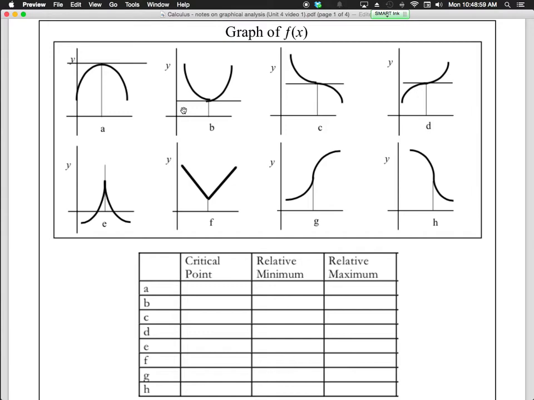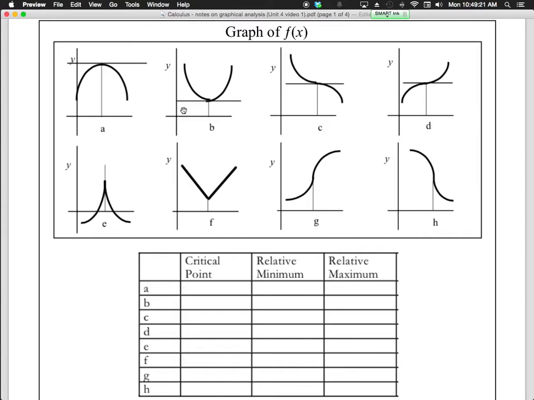What about C and D? Those are points of inflection, which we'll talk about more tomorrow. What about E? E is a relative max, F is a relative min, and then G and H are points of inflection. We'll get to when it's relative or absolute here in a little bit.